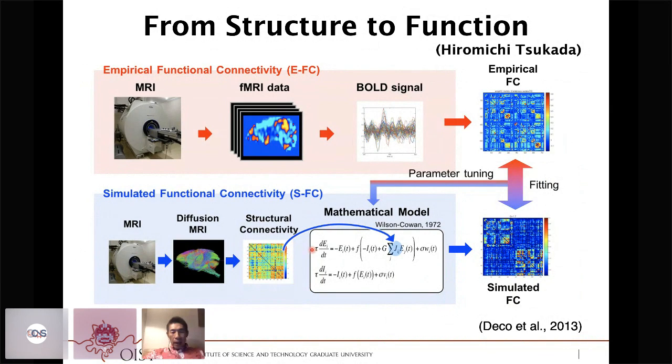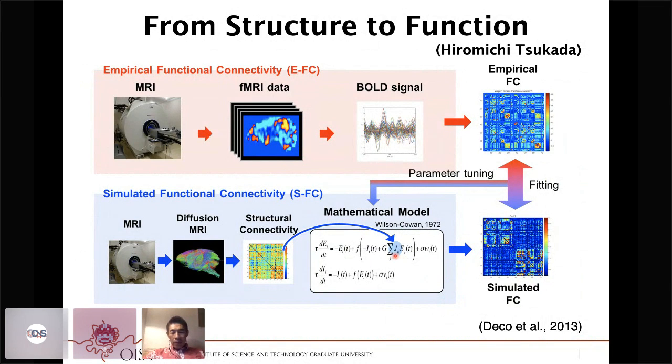And then we plug such a connection matrix into a dynamic model. In this case, we use a relatively simple rate model of Wilson-Cowan type, which assumes the excitatory population and the inhibitory population are connected with each other. And this excitatory population has a long-range connection based on the connectivity matrix coming from the diffusion MRI.